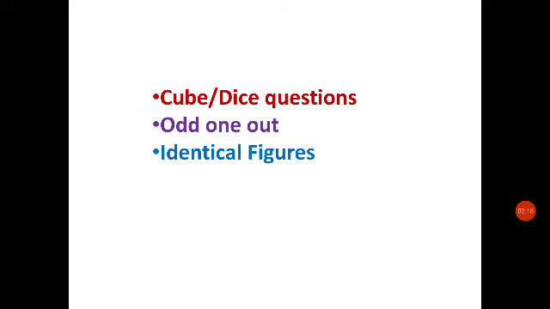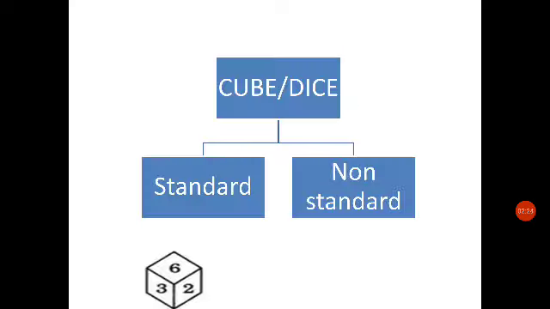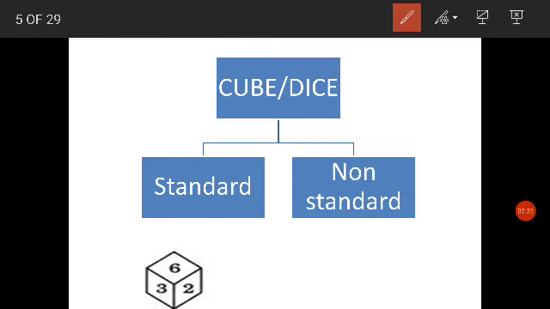Now in this video, we are basically going to cover three types of questions: cube and dice questions, odd one out, and identical figures. Now let's see what cubes and dice are. You must have seen that square piece with numbers which you use in your games, Ludo and Snake and Ladder, etc. These are of two types.